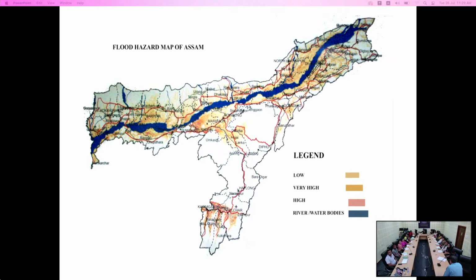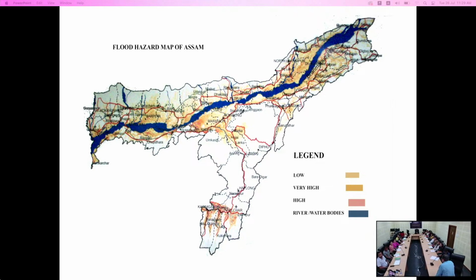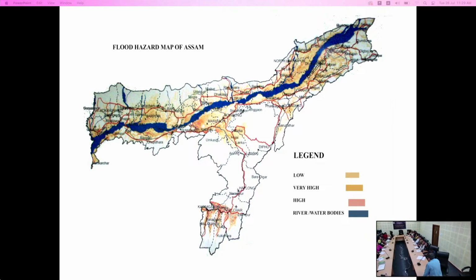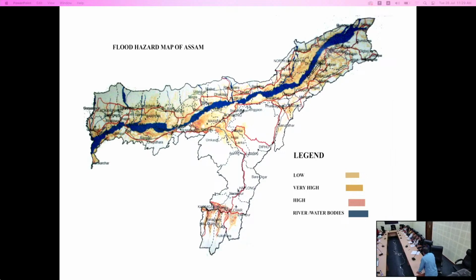So, it gives the information to the decision makers that these are the places where you should give more attention. You should give more flood relief, you should do more flood preparedness, you should give more importance to these areas, because these are areas that have been suffering more flood hazards than others. So, that gives you a tool to make better decisions, right.